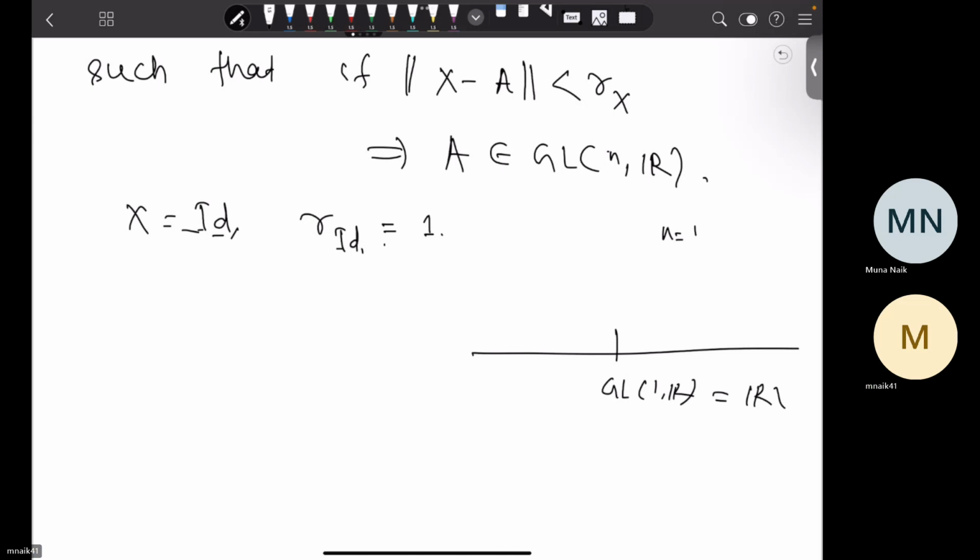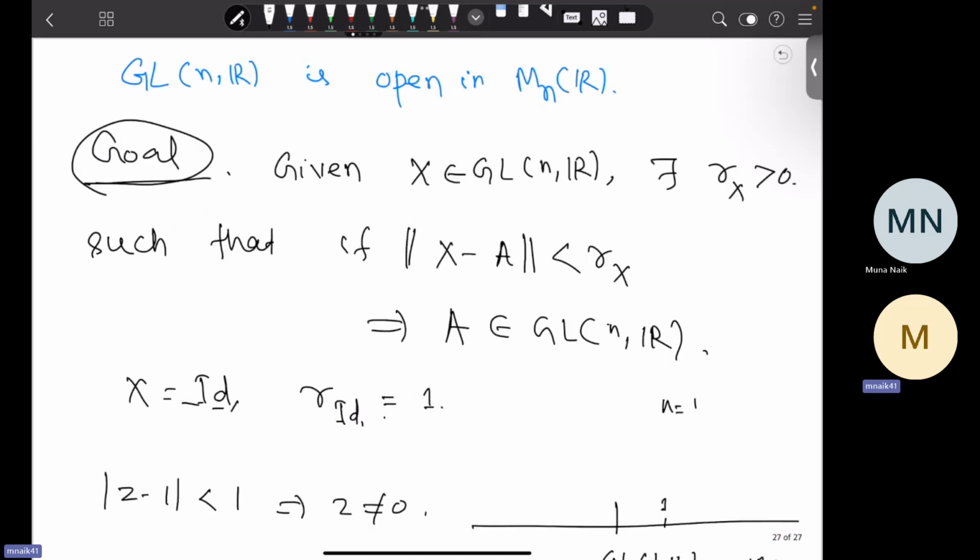The identity is 1. So if the norm of Z minus 1 is less than 1, then Z is non-zero, so Z is invertible. But this is just an intuition. Let us prove it.